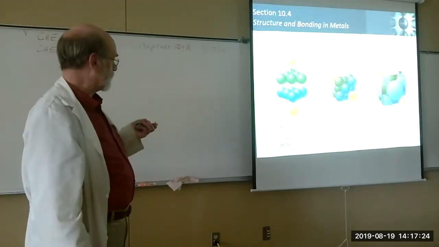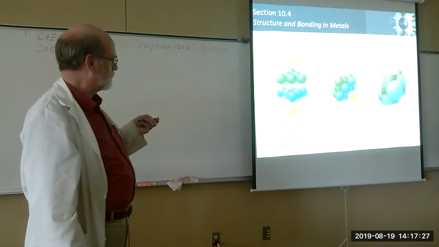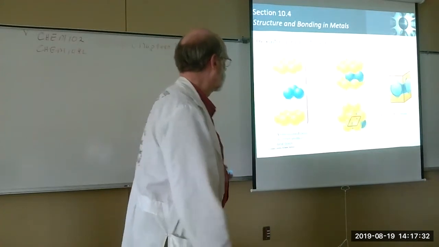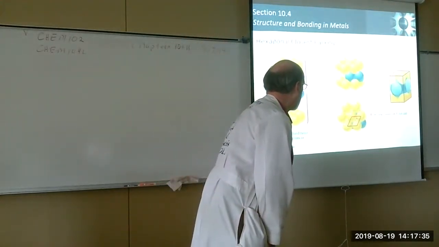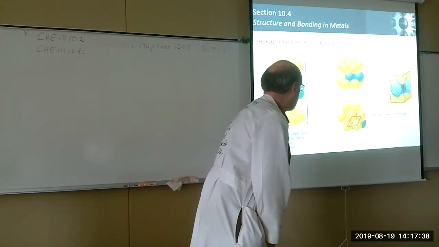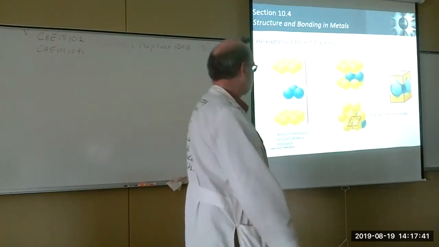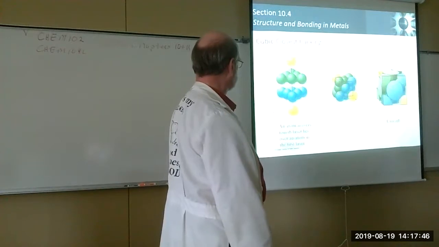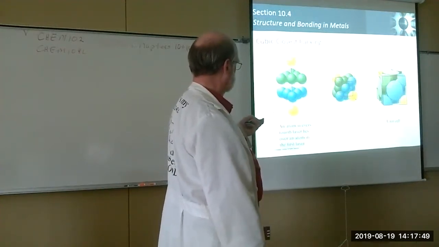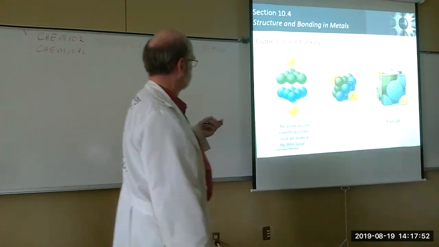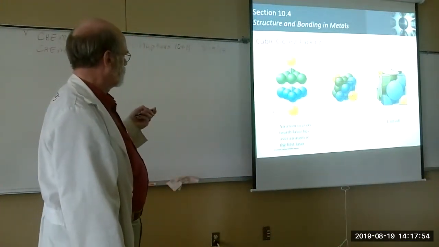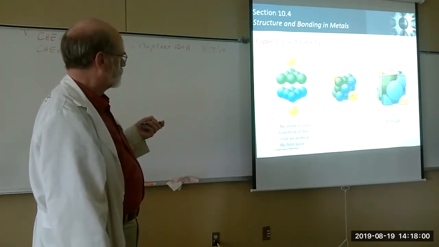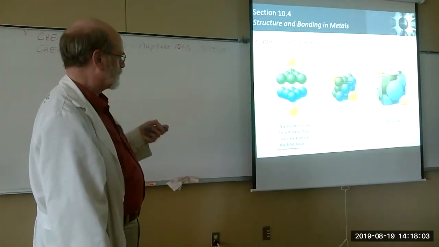This cubic closest packing is ABCA. And wait a minute, did I see that right? Sure looks like it. This unit cell is exactly the same as the other unit cell. Only in this arrangement, it's not hexagonal. ABCA forms the same unit cell.